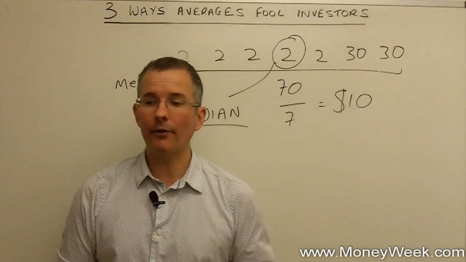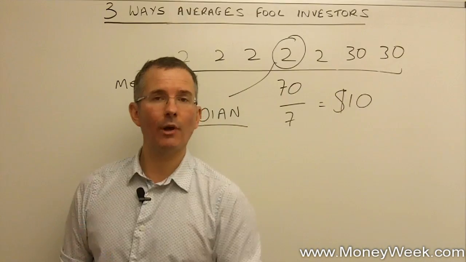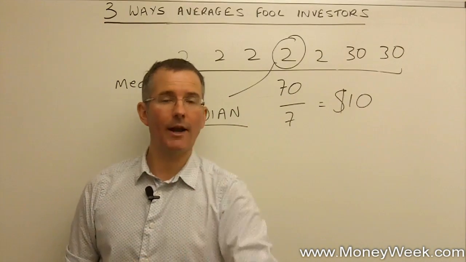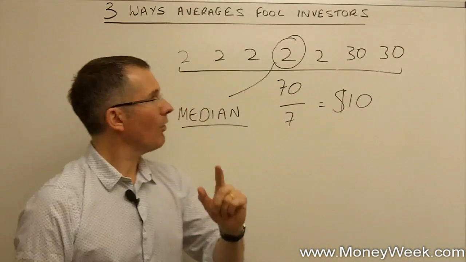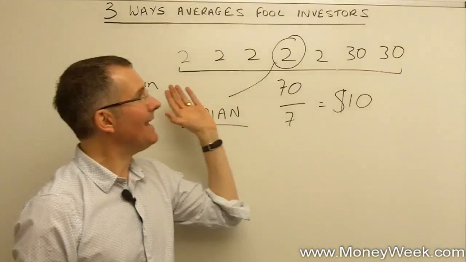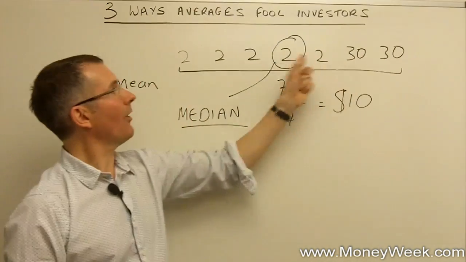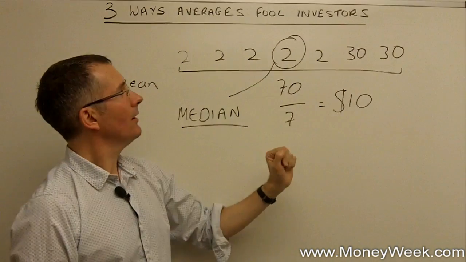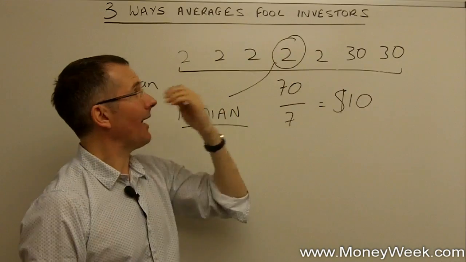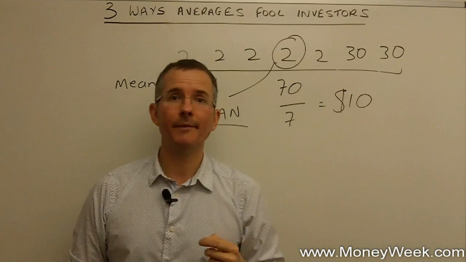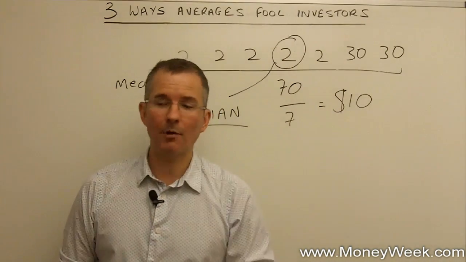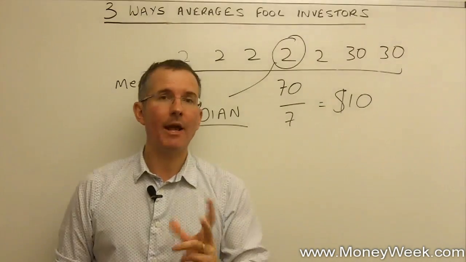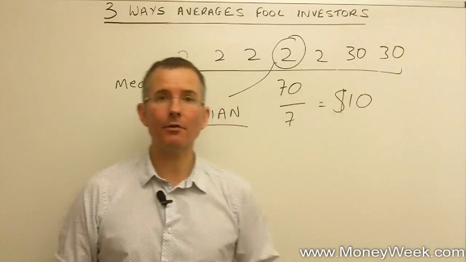And the median simply says line everything up in price order and pick the one that's right in the middle. Not quite as easy where you've got an even number of items in the sample, because then you may not have one that's exactly in the middle, you may have 2, in which case you might have to average them. The trouble with doing that is you then might end up with your kind of 14.3.